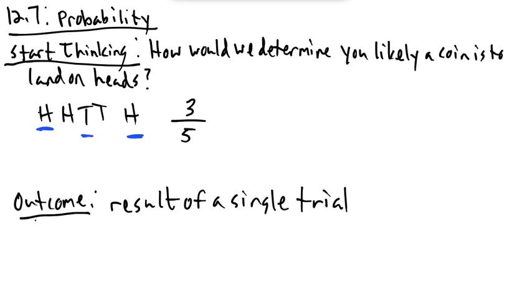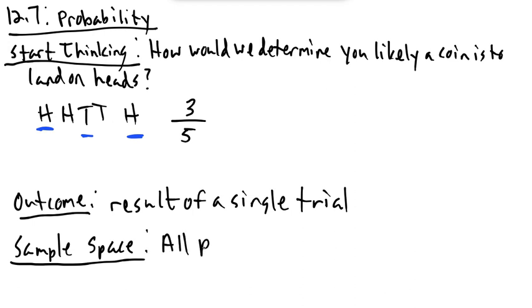One of the other terms we have is something we call a sample space. And all a sample space is, is the total or all of the possible outcomes. So it's all possible different events that you can have when you flip a coin or do whatever else you're doing.